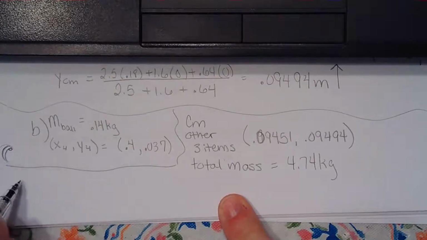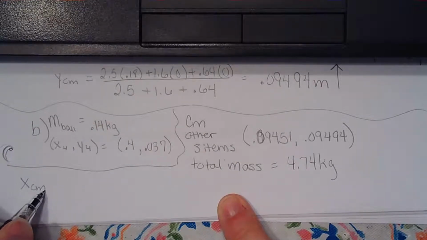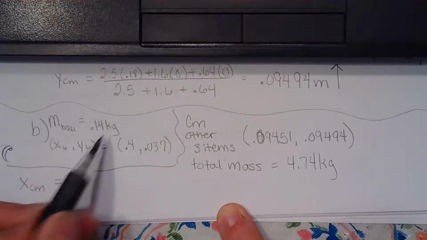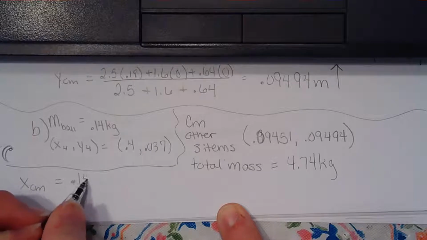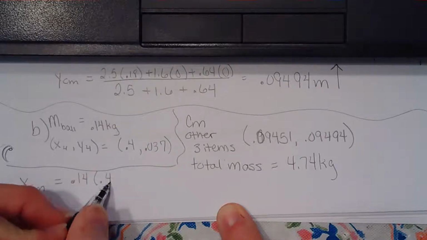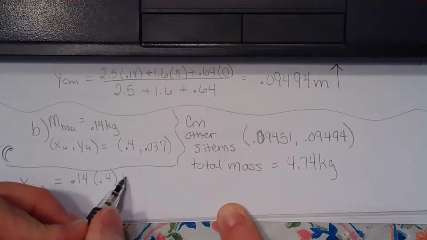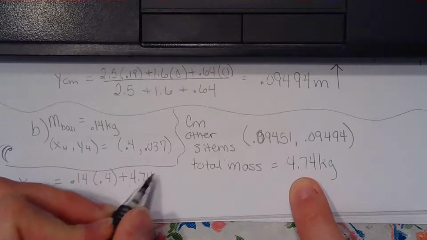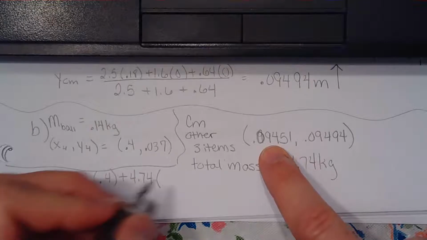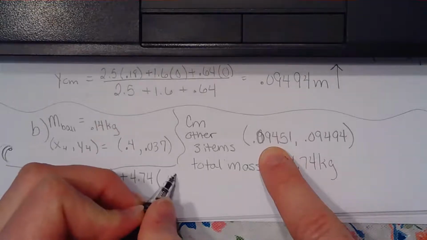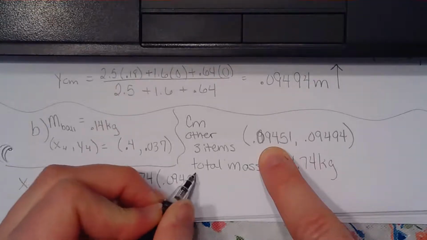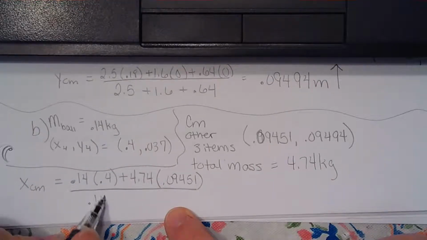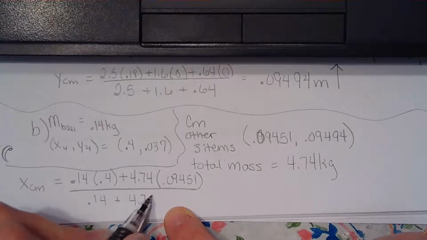To find my new center of mass for my X, I will do this mass, 0.14 of the ball, times the X position of the ball, plus the mass of the other three items altogether times the X center of those other three items together, divided by this mass of 0.14 plus this mass of 4.74.